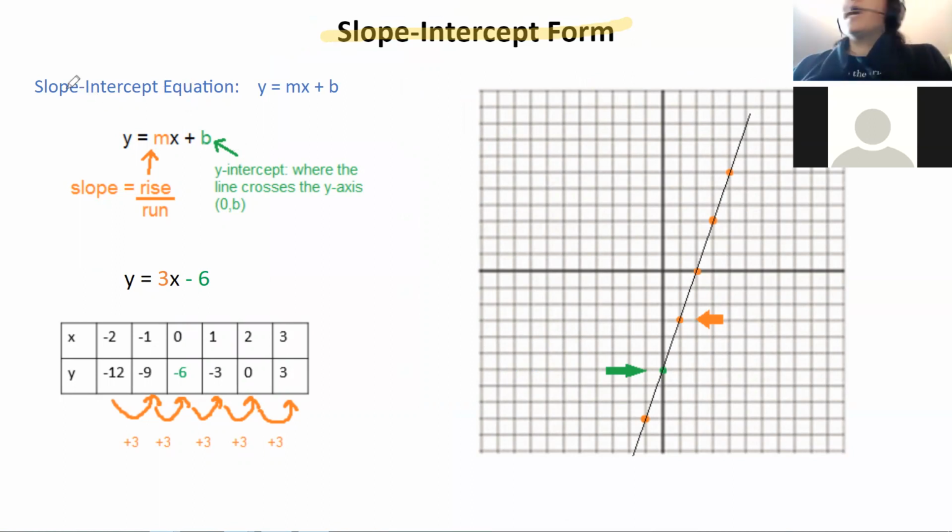So today, we've already done slope-intercept form where m is your slope. That's equal to your rise over run. B is your y-intercept. That's where the line crosses the y-axis. And which one's the y-axis? No problem.